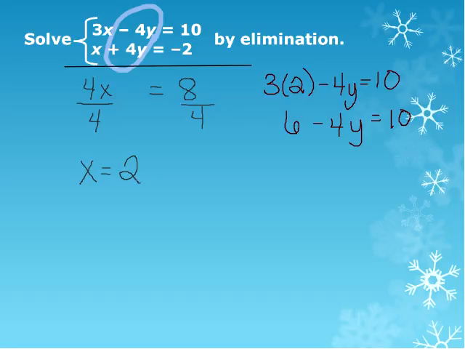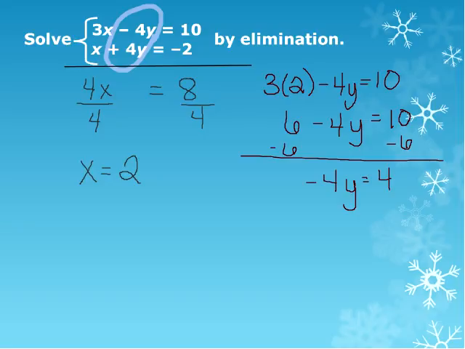Then from here, how am I going to solve for my y? Start by subtracting the 6 first, whatever is not attached to the y, right? Let's see, 10 minus 6 is my 4. Good.